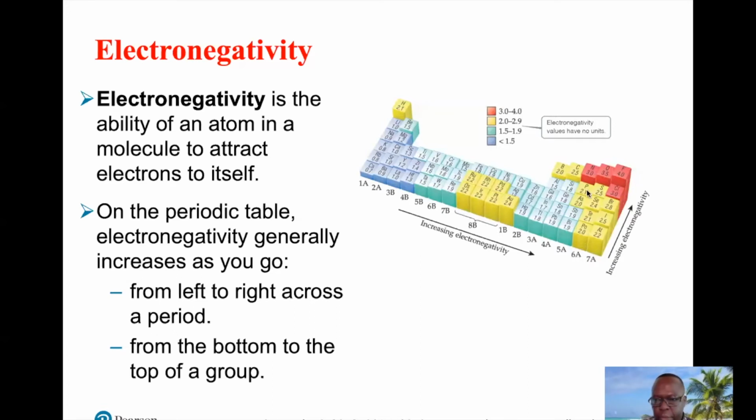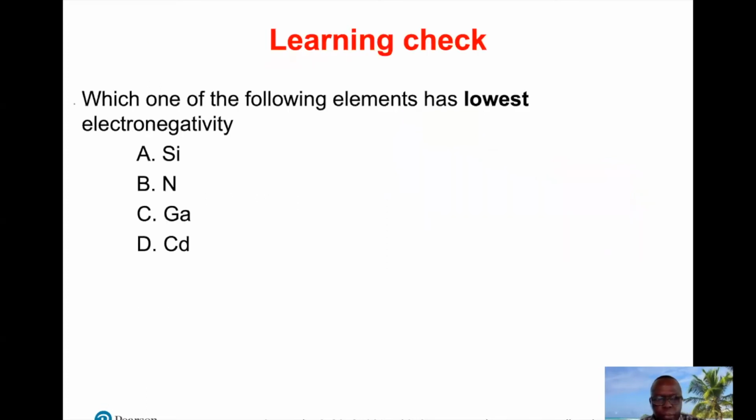We will use these numbers I'm going to show you, and you will be given them. You don't need to memorize the numbers given. Apart from knowing the trend, you should be able to define the term electronegativity, and the trend, how it changes.